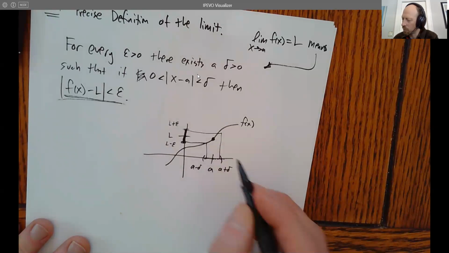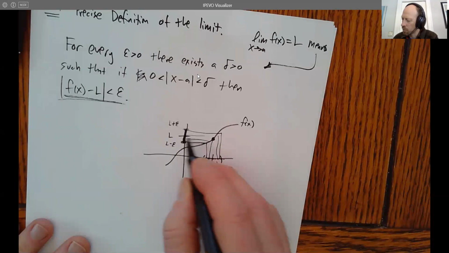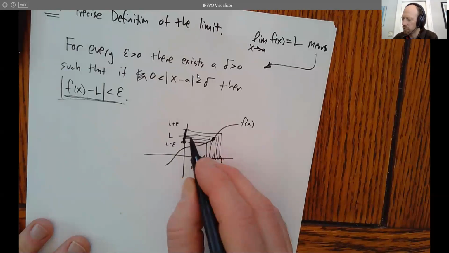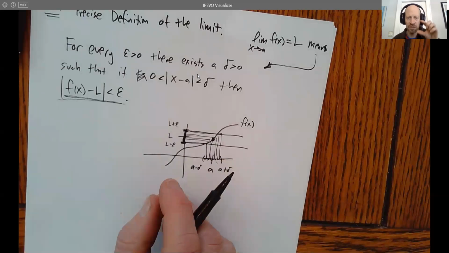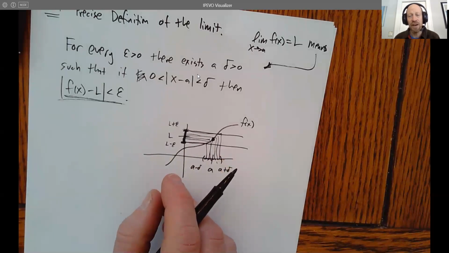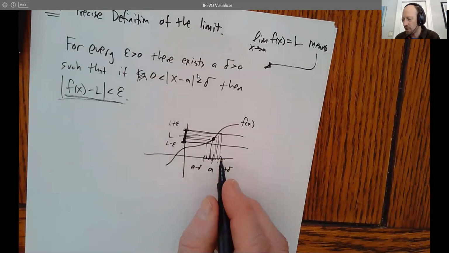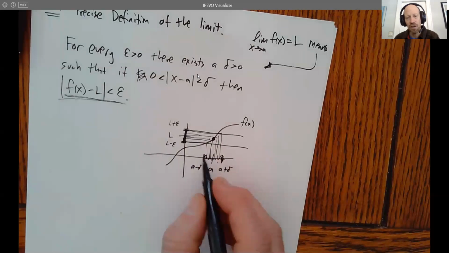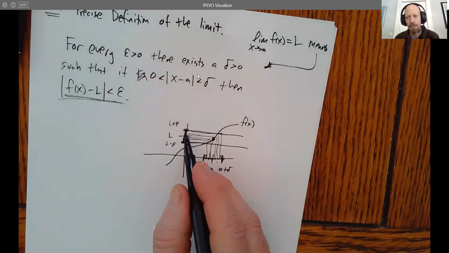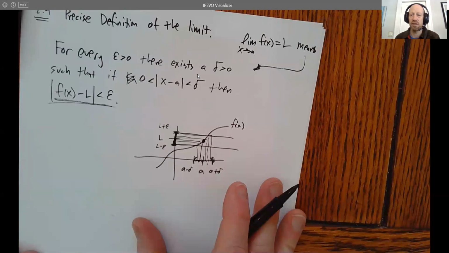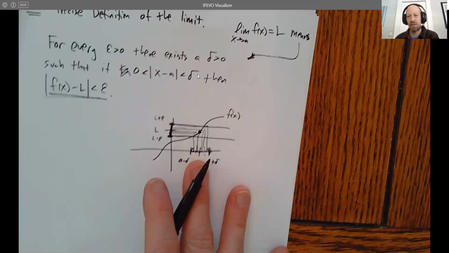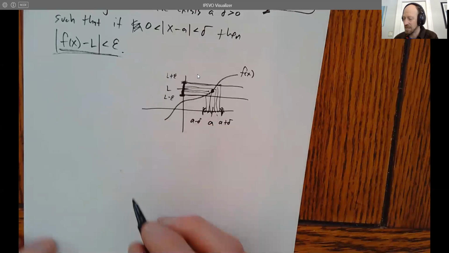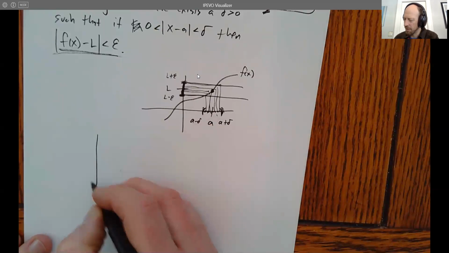I've tried to draw it in a way that each of these x's, their corresponding function values all fall inside this epsilon target, this distance around L. If I can do that, if I can find the right region around a for every single epsilon you pick, then I get to say the limit of the function is L. If there's some epsilon where I can't do that, then the limit is not L. The limit is something else or doesn't exist. And that scenario would look like this.